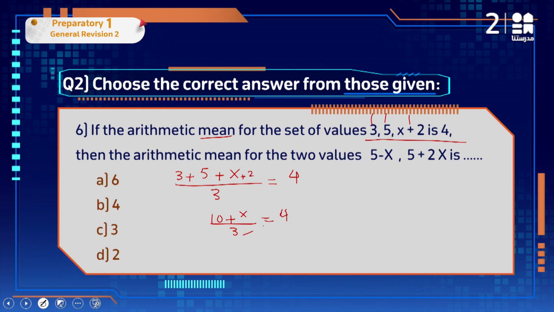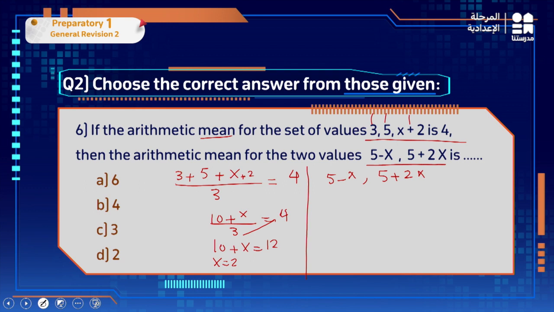We will multiply by 3. 10 plus x equals 12, and we can do it mentally. X is 2. 10 plus what is 12, or subtract 10 from both sides. So x is 2.